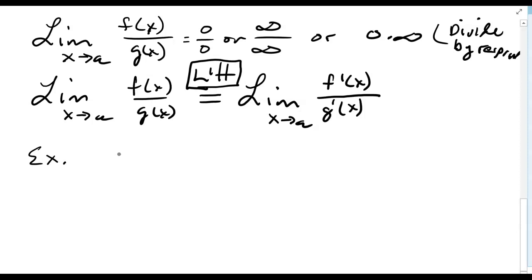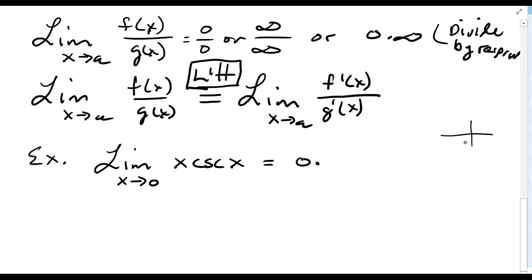If you had just a basic product, so let's say the limit as x goes to 0 of x times cosecant x, right? So we're going to take this limit. If we just plug in 0, you'd have 0 times cosecant. If you can't remember, just picture your graphs. Cosecant is the reciprocal of sine.